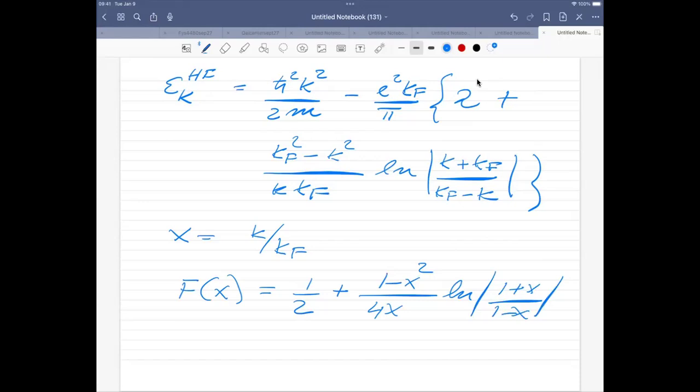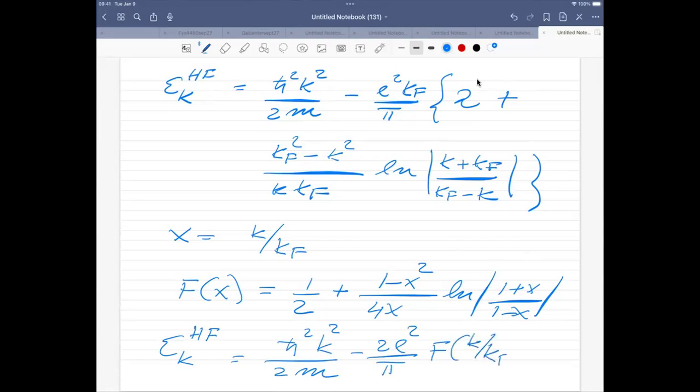So if I do that, I can now rewrite my Hartree-Fock energy as follows. So my ε_k Hartree-Fock is then something which I can rewrite as ħ squared k squared divided by 2m minus 2 times e squared divided by pi multiplied by f of k divided by kF and multiplied by kF. So this is just a simple rewrite of that function.